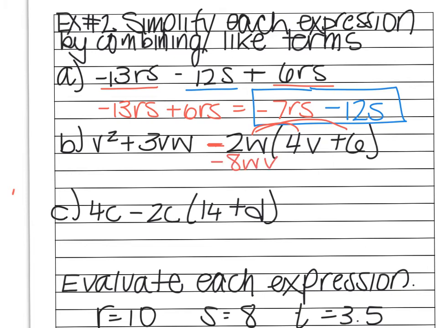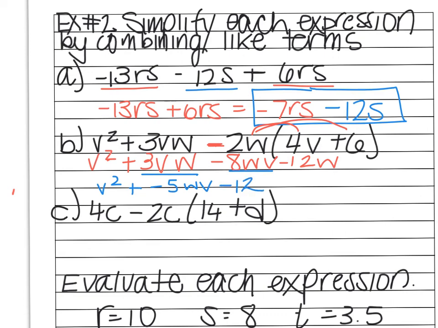Negative 2w times 6 is a negative 12w. Let's bring down what we have here and see if we have any like terms. Here we have a vw and a wv. Those are the same. It's just that I have the variables switched around. So I'm going to have v squared plus, and it's going to be a negative 5wv minus 12w.